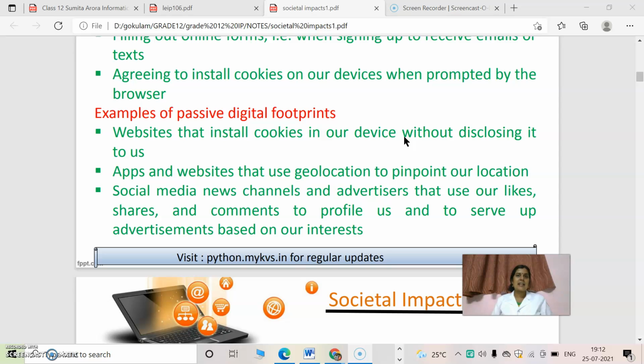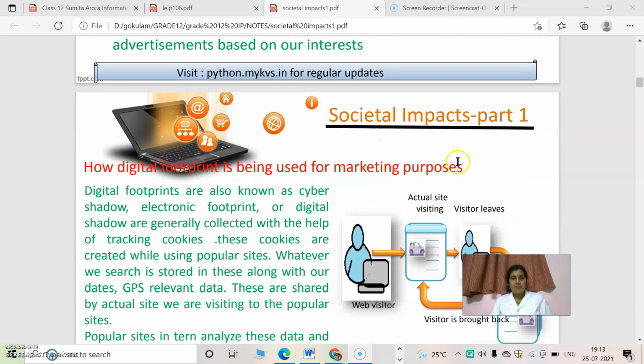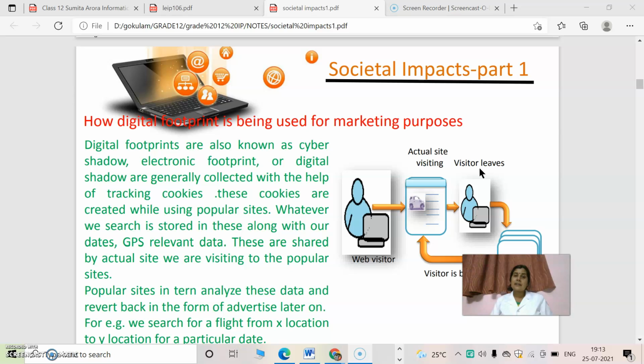When we are searching, they are storing our data and they can find out our interests. If I am interested in laptops, then laptop advertisements will be sent to us. Suppose I am looking for clothes, then advertisements according to our interest are sent as messages or data. So these are passive digital footprints. In marketing also, these passive digital footprints are used.